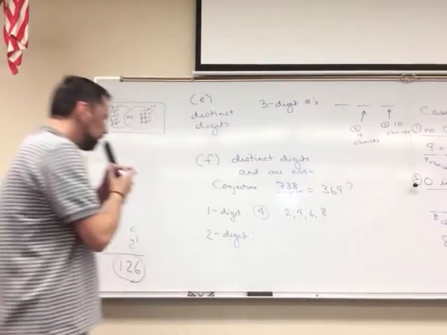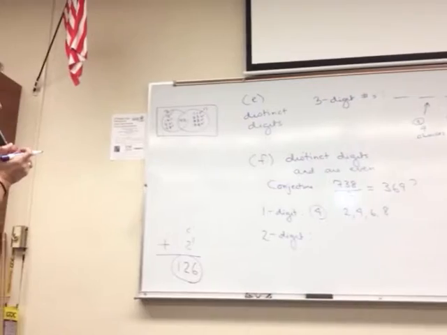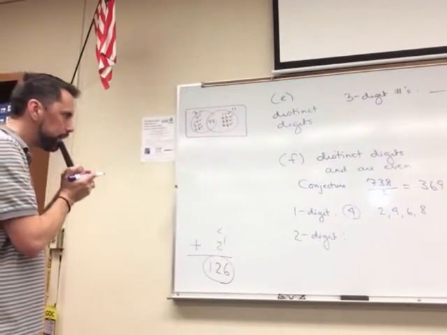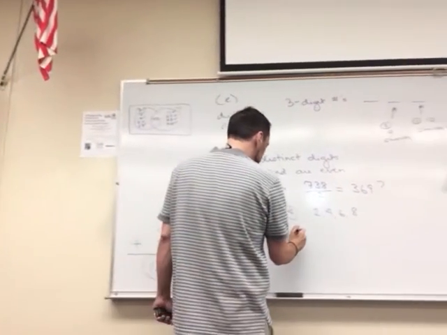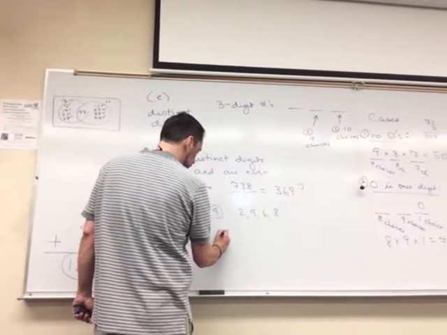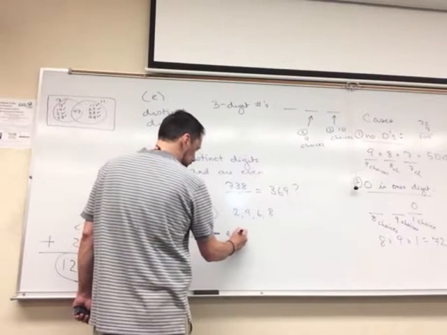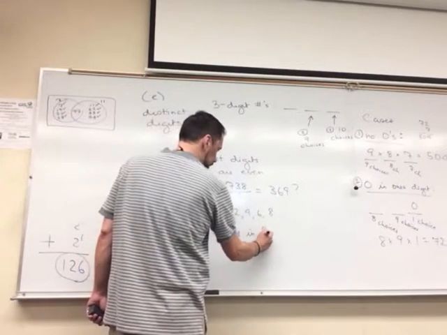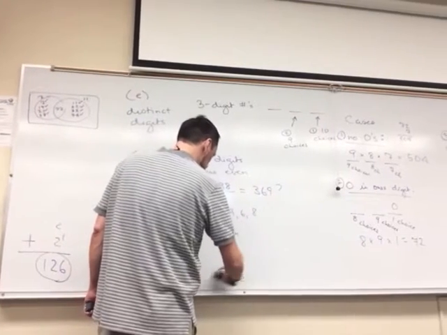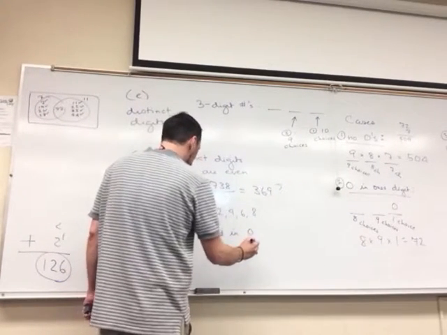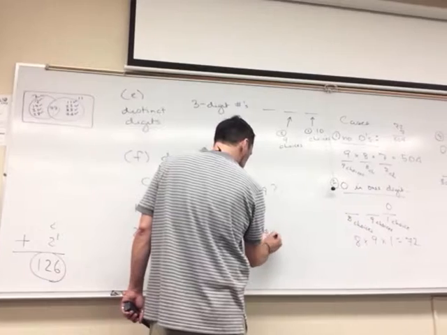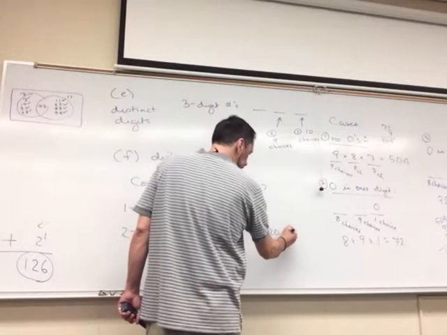Count the ones that end in a 0 separately. And there are only 4 of those, 20, 40, 60, 80.